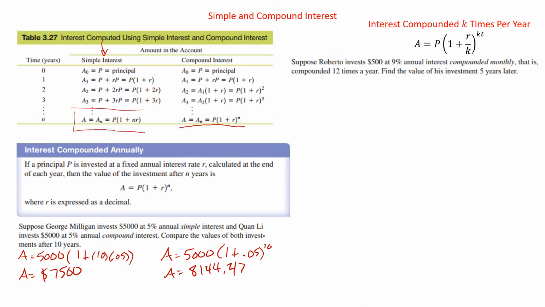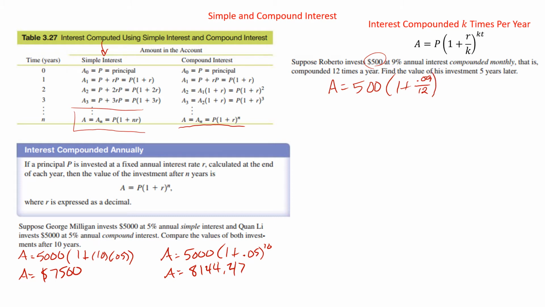So an example, suppose Roberto invests $500 at a 9% annual interest compounded monthly, so that's 12 times per year, that's the k. Find the value of the investment 5 years later. So we're looking for A equals his principal, that's $500, his initial amount, times 1 plus 0.09 over 12, because he gets 9% annually, so it's 9/12% every month.